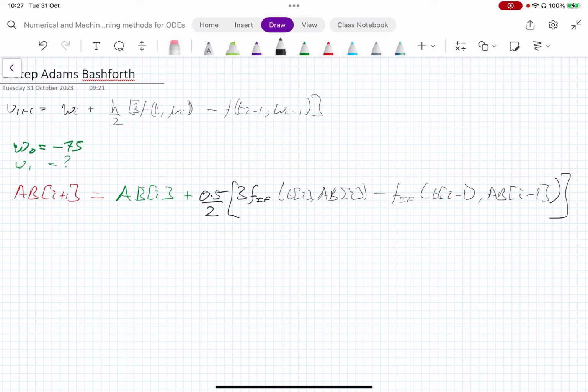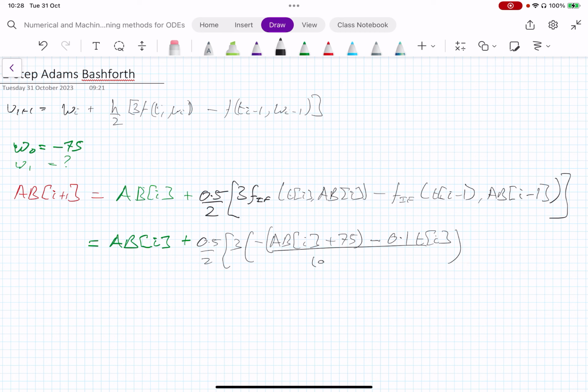So to write it out in full, which I will, and then we'll talk about how it's simpler to leave it in function form: AB i plus 0.5 divided by 2, 3 times minus AB i plus 75 minus 0.1 t_i all divided by 10, minus AB i minus 1, square bracket, plus 75 minus 0.1 t_i minus 1.